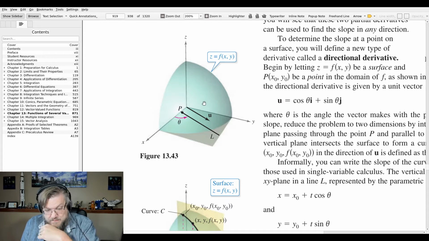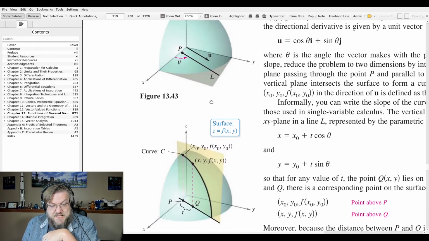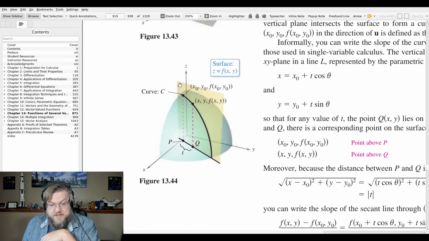So what I want to do is think about a plane that cuts the surface at that angle. That intersection creates a curve, and I'd like to ask: what is the slope of that curve at this point? I'm literally asking, what is the slope in this direction?